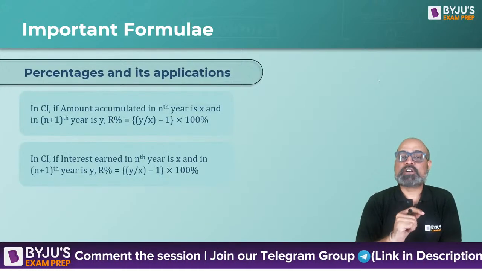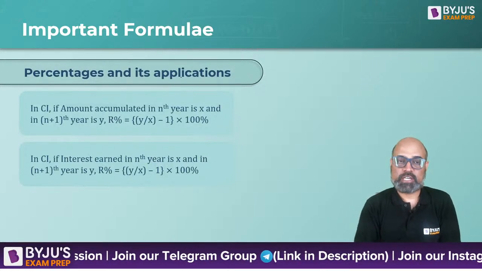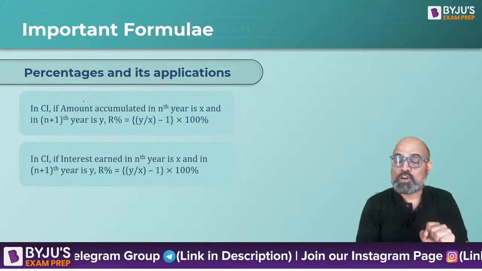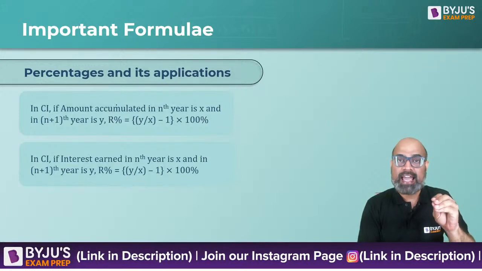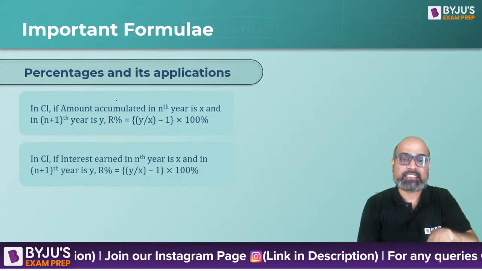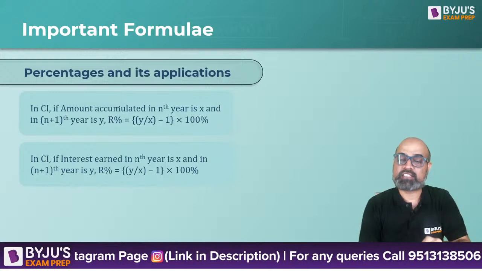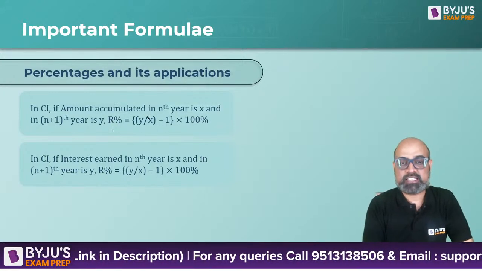Now, this is an important part which helps us solve questions a little quicker. In the case of compound interest, if the amount accumulated in the nth year is X and in the (n+1)th year is Y, then the rate of interest is given by this formula.